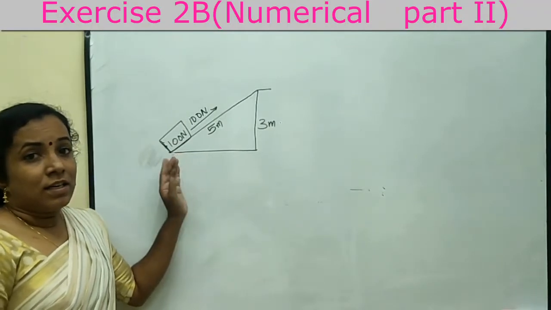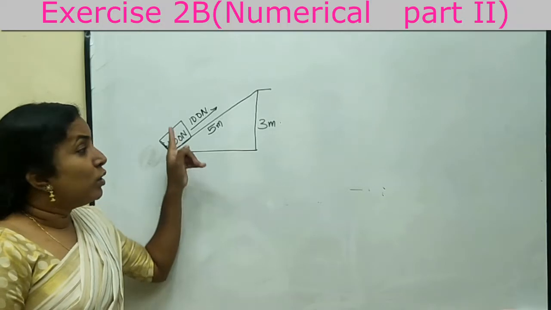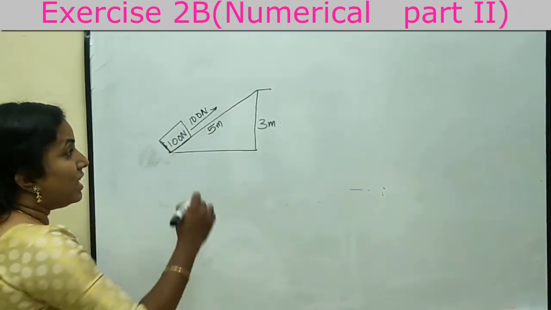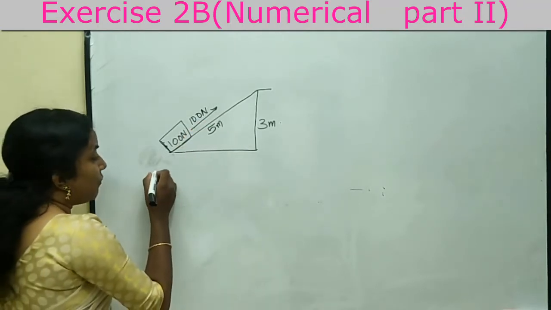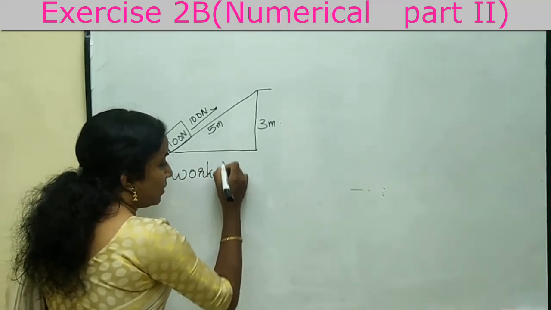Here, a block of weight 100 Newton is pulled up through a slope of 5 meter length by giving a force of 100 Newton. And the first question is, what is the work done?